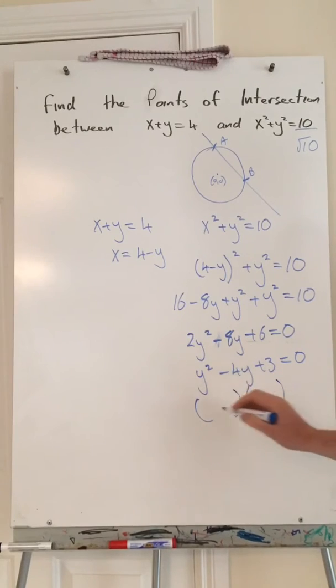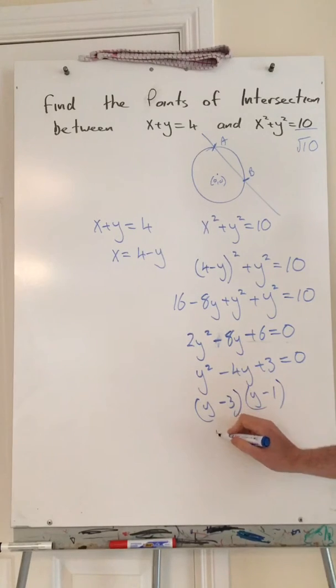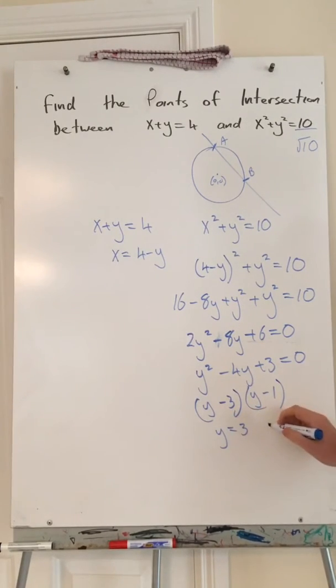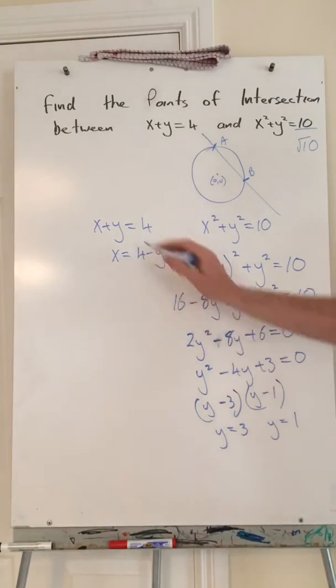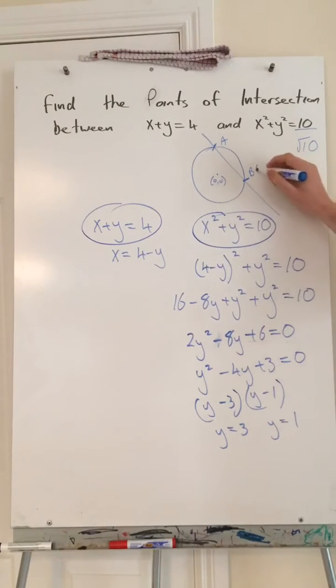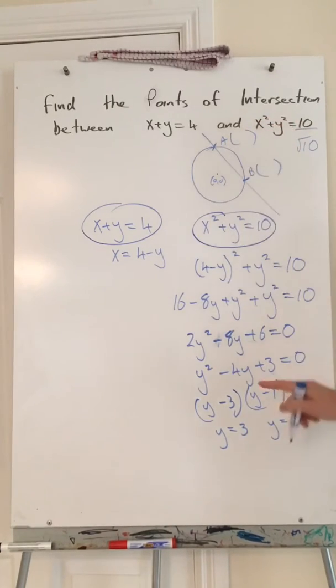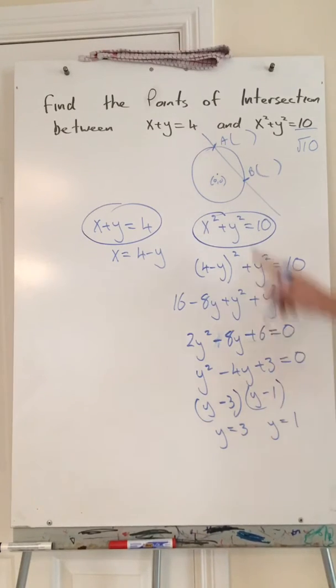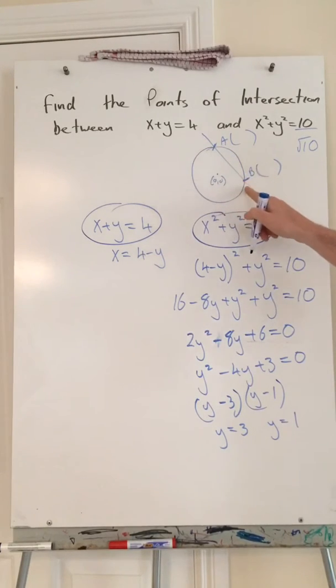We solve this, y and y, obviously minus 1, minus 3. So my two values of y are y is equal to 3 and y is equal to 1. So we know that this line and this circle intersect at 2 points. See the way it makes sense that we get a quadratic? A quadratic always has two answers, and we need two answers because the line cuts the circle twice.